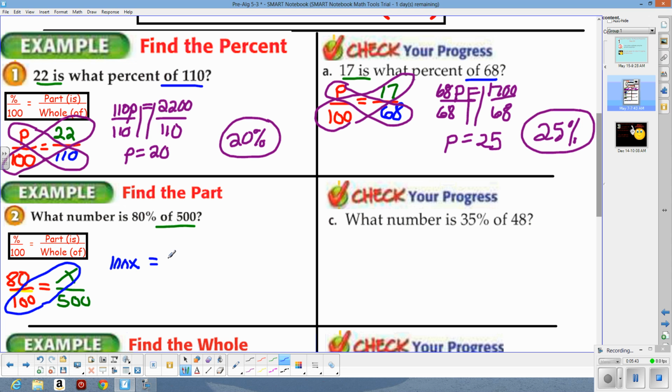That's 40,000. Divide both sides by 100. When you take 40,000 divided by 100, you really have 400 divided by 1. So your answer is 400.